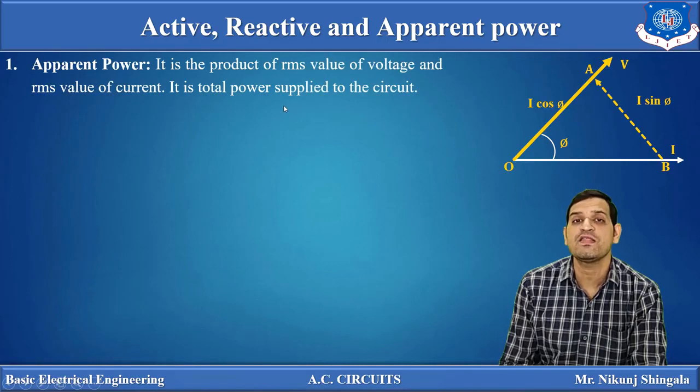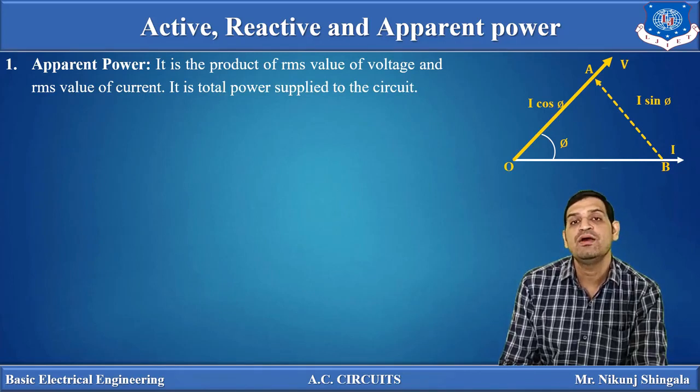Starting with the first one, that is apparent power. It is the product of the RMS value of the applied voltage and the RMS value of the resulting current. It is the total power supplied by the circuit.